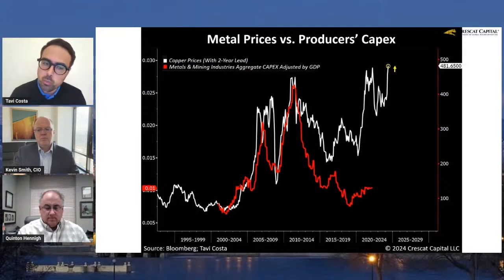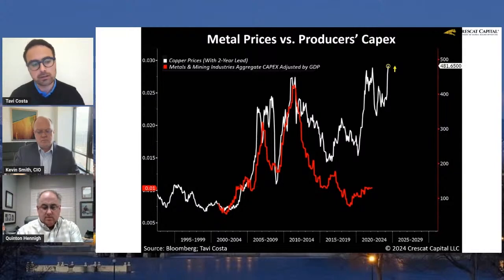They usually wait until metal prices reach sustainably higher levels in order to start spending capital, and we just haven't seen that today. Metal prices are certainly sustainably higher than they were back in other times in history, but the capex from producers is just so far away from where metal prices are today.